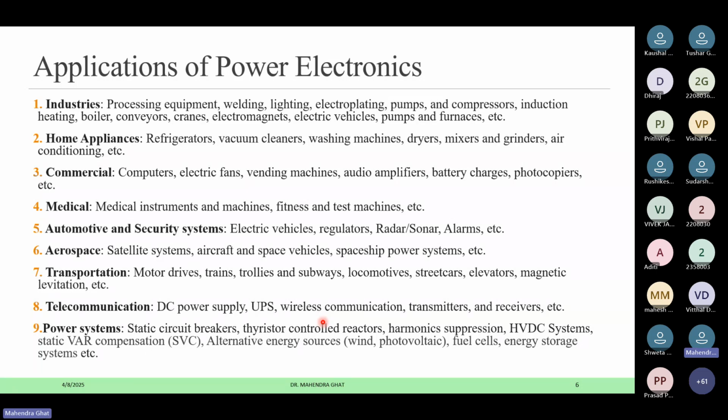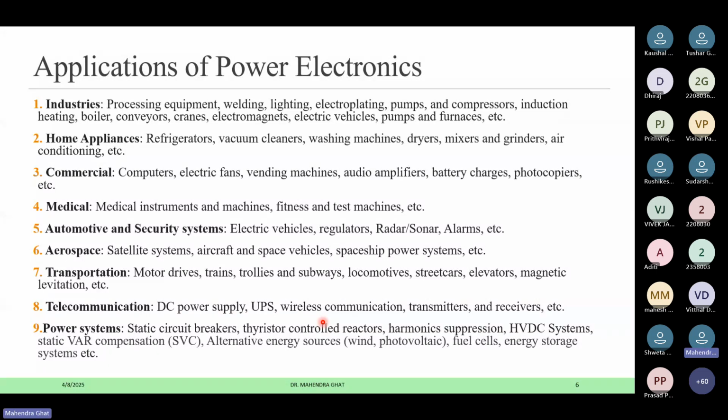There is no single area, we can say, which is out of power electronics, and the applications are still evolving, with more and more applications coming. The advantage of power electronics is that we get more and more efficient power conversion, and also controlled power. That is the main advantage: we get controlled power with very high efficiency.